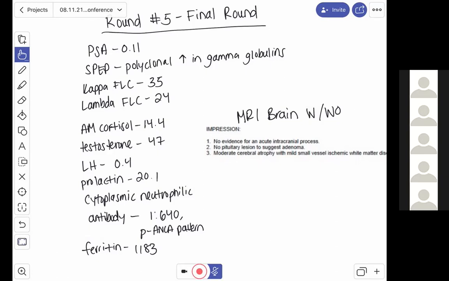GPA has upper and lower respiratory tract involvement. But then that's, oh yeah, that's 58. I don't know what that stands for. Oh, microscopic volume. Something like that.